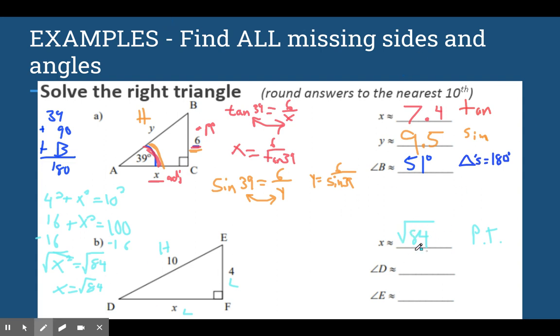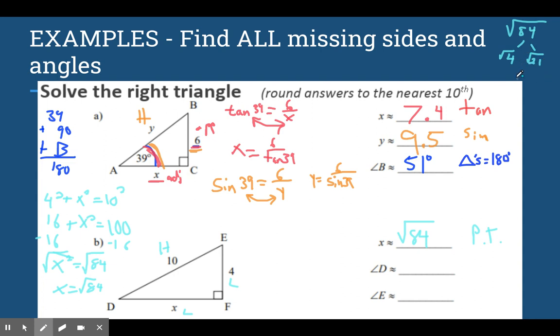Notice that is our answer, but if we want to break it down, I'm going to go over here in this corner, just trying to conserve as much space as possible. Square root of 84, we break it down as square root of 4 times 21. 4 goes into 8 twice. 4 goes into 4 just once. So we break it down as 2 square root of 21.